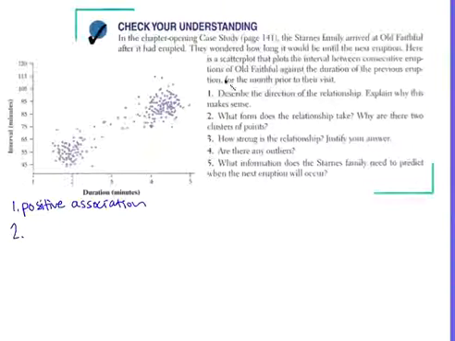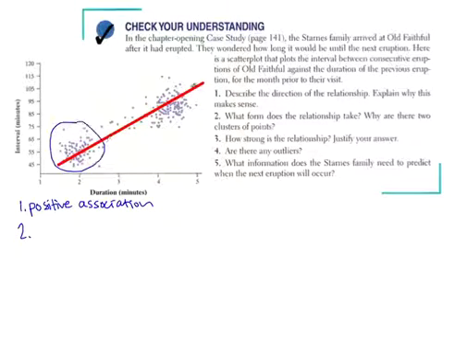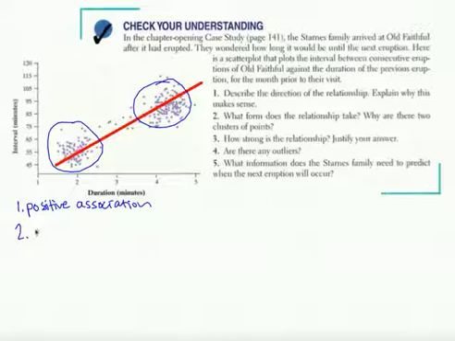So again, if we thought about this, we could draw in a line and we would see that all these points are kind of in this line. We also see that there's a group here and there's a group here. So to answer 2, we would say it's roughly linear.